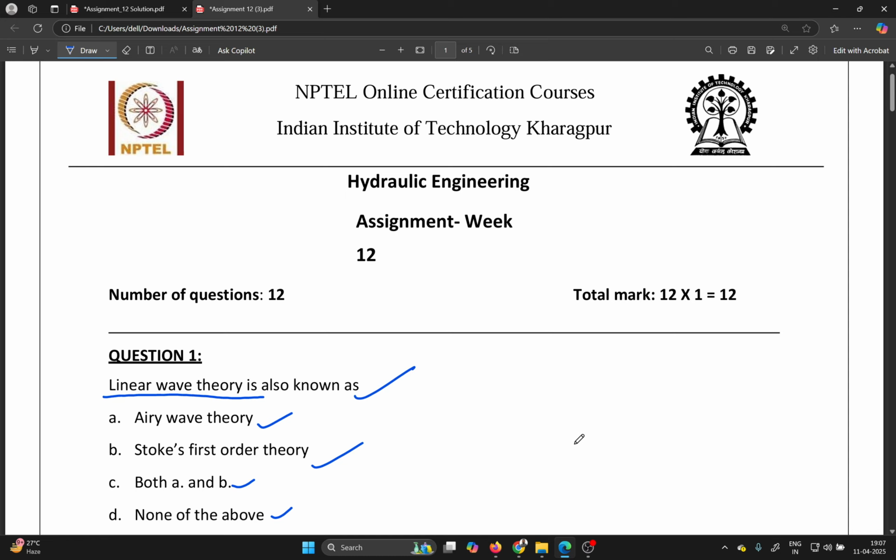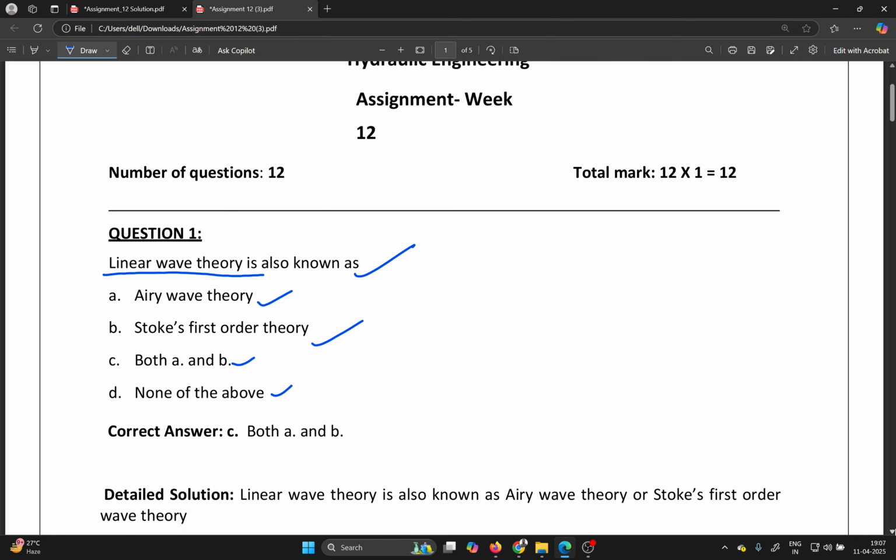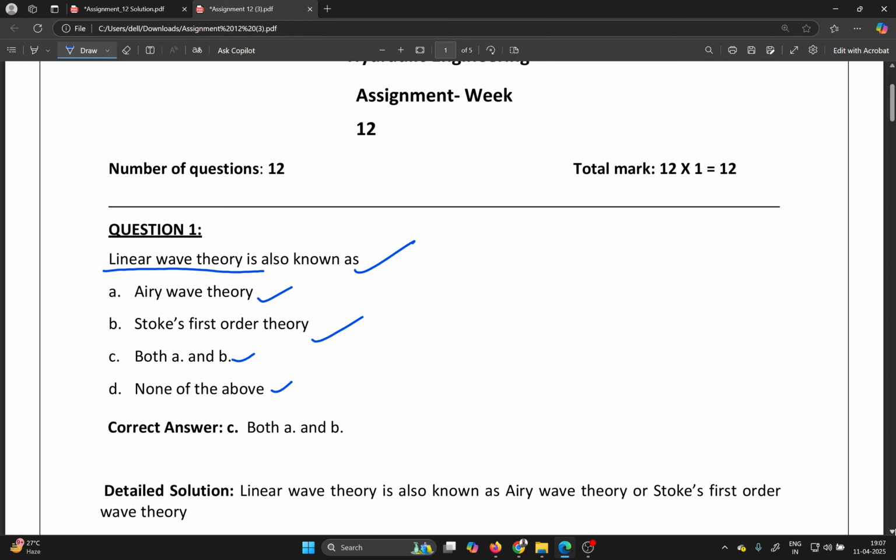So yes, option C will be correct here, both A and B. Here some description is given. The linear wave theory is also known as Airy's wave theory, as well as Stokes first order theory, you can also say. The first order wave theory actually.